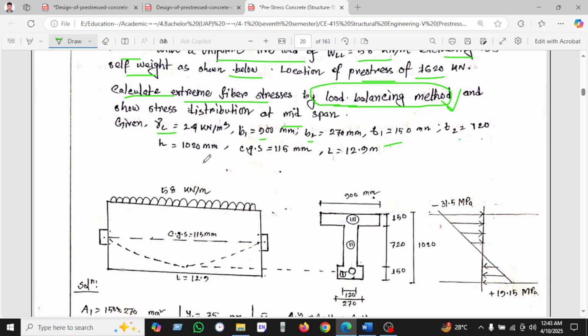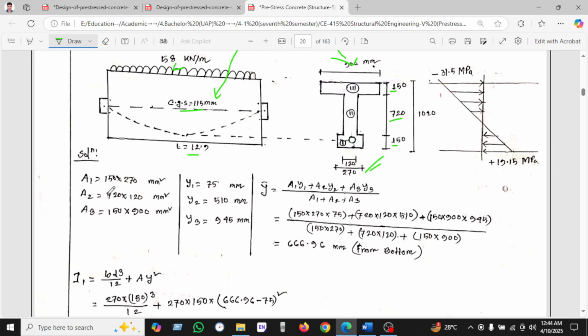T1, T2 is in CGS, which is the CG of steel, and L. So you can see E1, E2 are given, CG is given, 115, and L, the length of the beam, is given as 12.9, and this dimension is also given here. B1 is given as 900 and 150 is given, 720 is given, and 150 is given, and this dimension is also given.